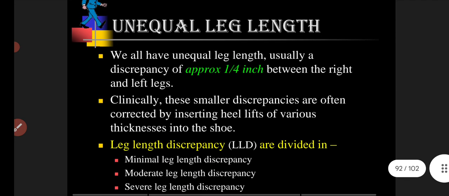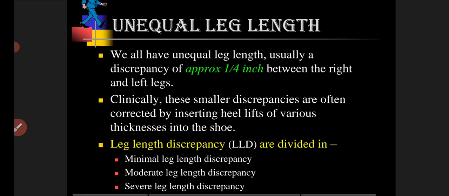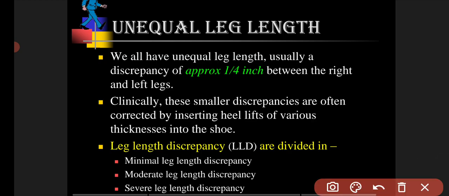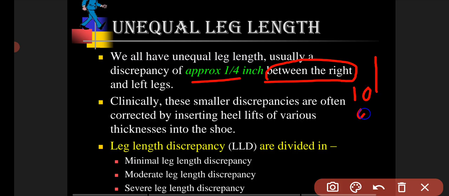Unequal leg length, or leg length discrepancy, or LLD. We usually have a discrepancy of approximately 1/4 inch between the right and left leg. There will be shortening of one leg. Suppose the right leg is 10 centimeters and the left leg is 8 centimeters.